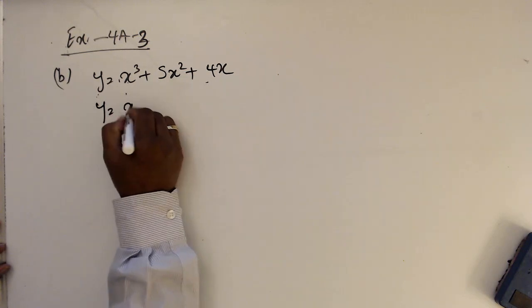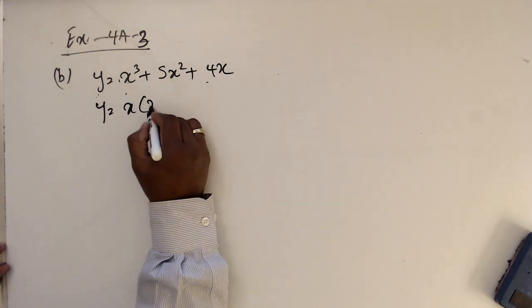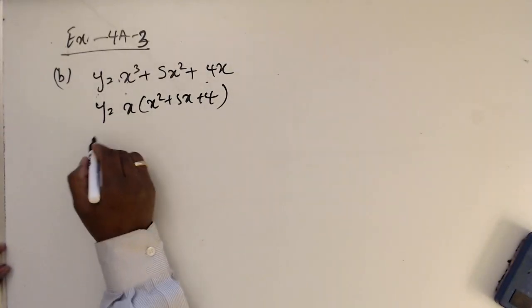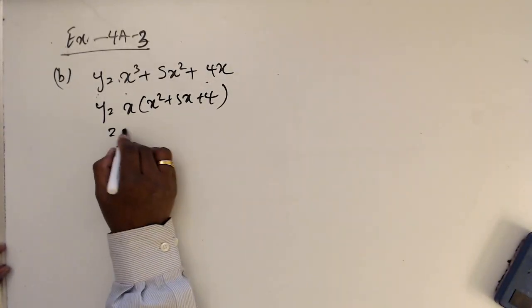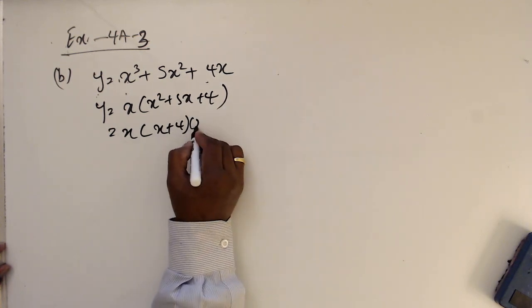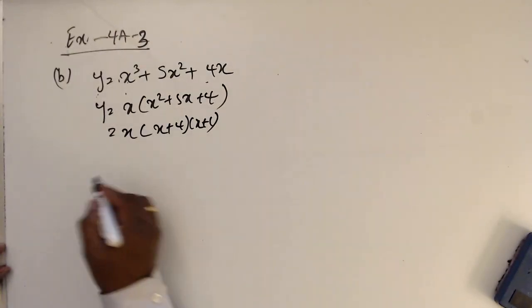I can factorize x squared plus 5x plus 4. Then x squared, x plus 4, x plus 1.